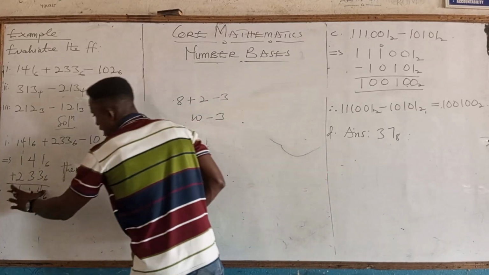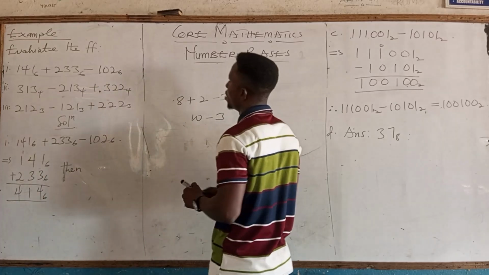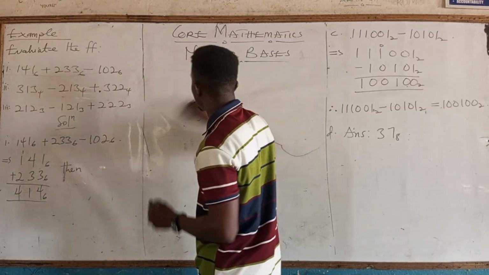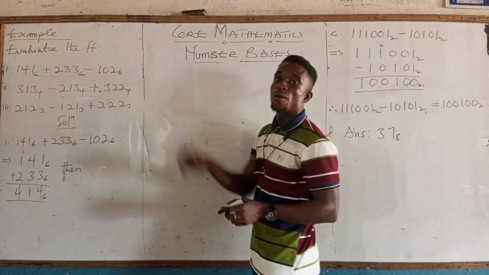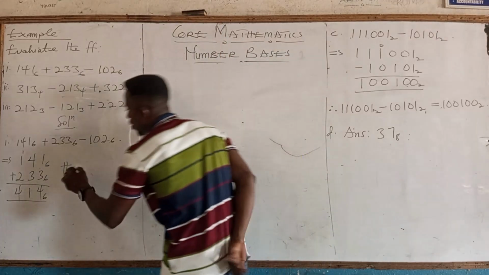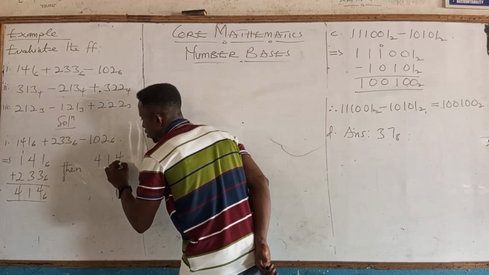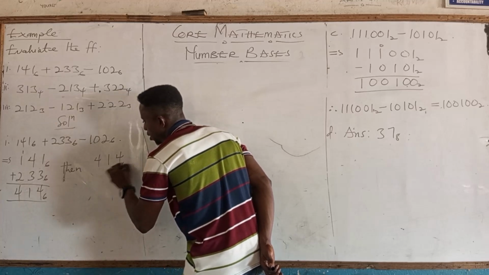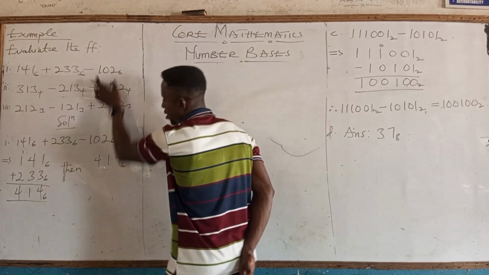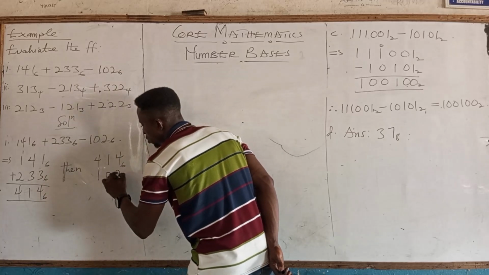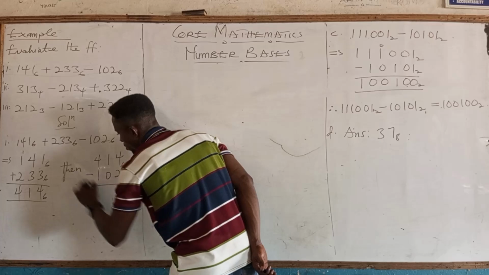So I'm going to write this result, then minus 3, in the vertical form. Are we getting that? So then I'll have that 4 base 6, then minus 102 base 6. Please, are we getting that?